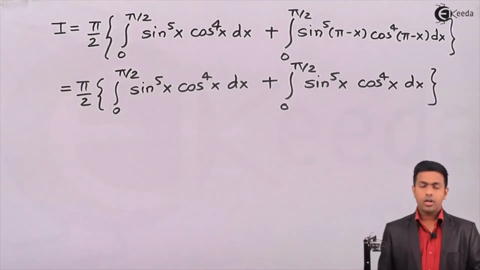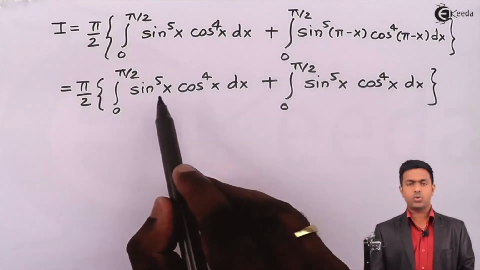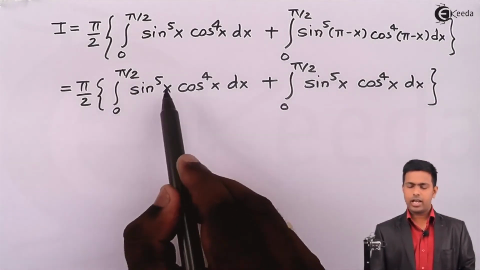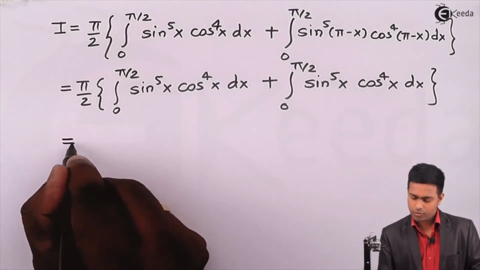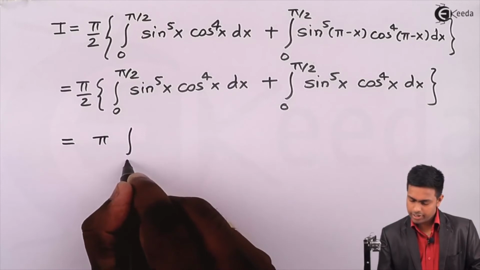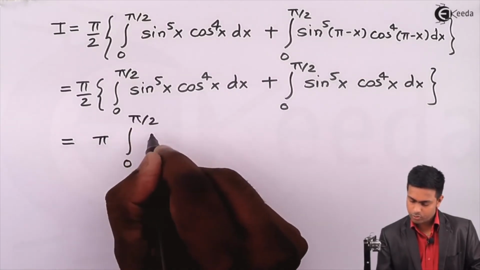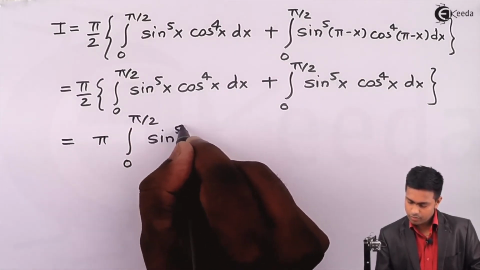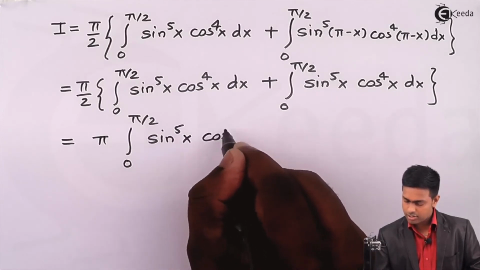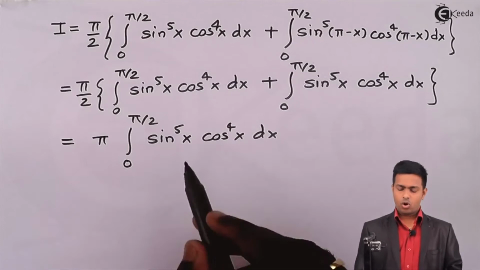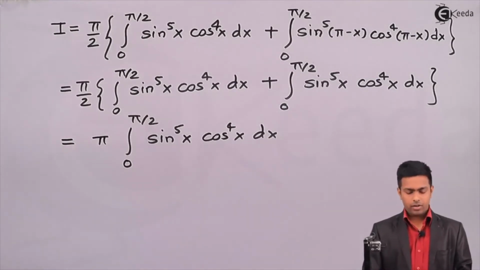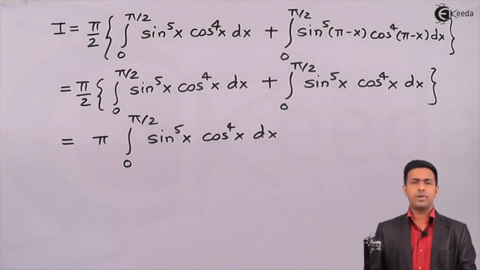So guys, in short, we are getting the same integral 2 times. So I can say it is 2 times the integral. So that 2 and this 2 will be cancelled. So we will get pi into integration from 0 to pi by 2 sine raised to 5x cos raised to 4x dx. And now to solve this integral, we are gonna use the definition of beta function.